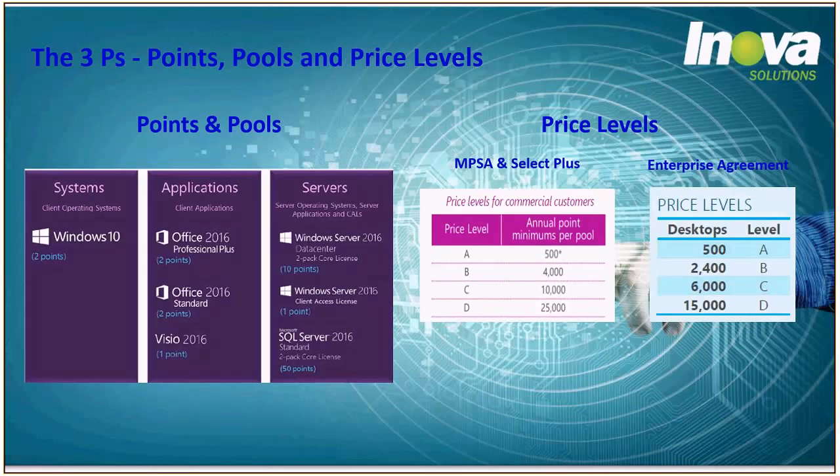And that will be determined when you start your enterprise agreement, because we would see the number of desktops or users that you're actually bringing into the agreement, and that will determine the price level that would be used in order to start the agreement. So again, as you increase either your pools or your desktops, the price levels move from A to B to C to D, depending on the number that is added or the points that are added when you're purchasing.